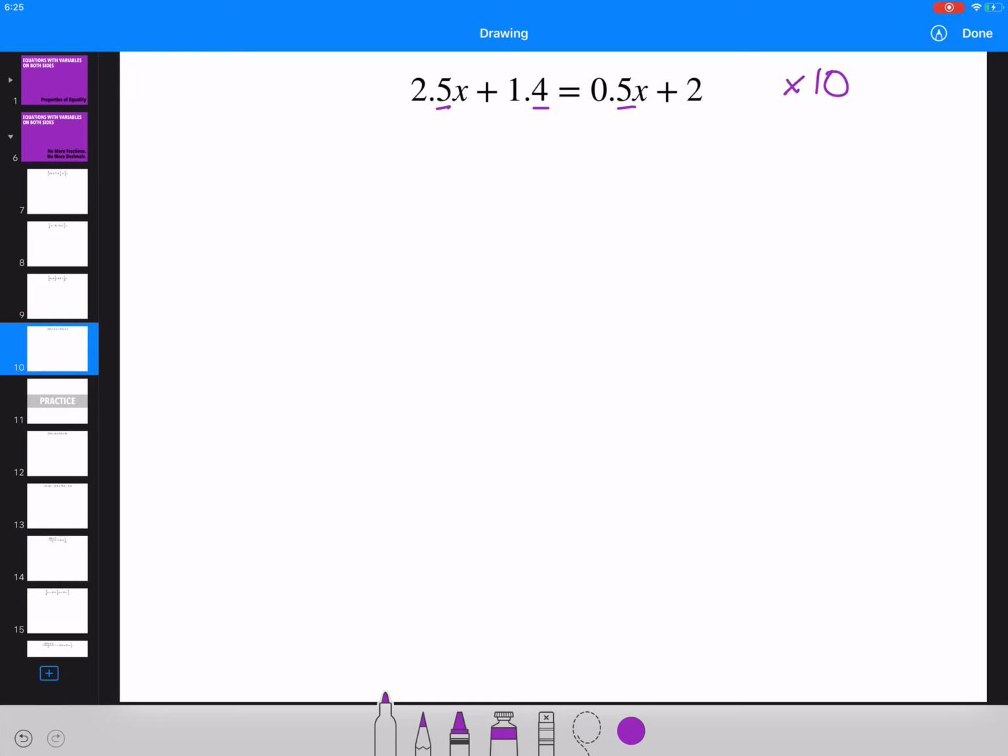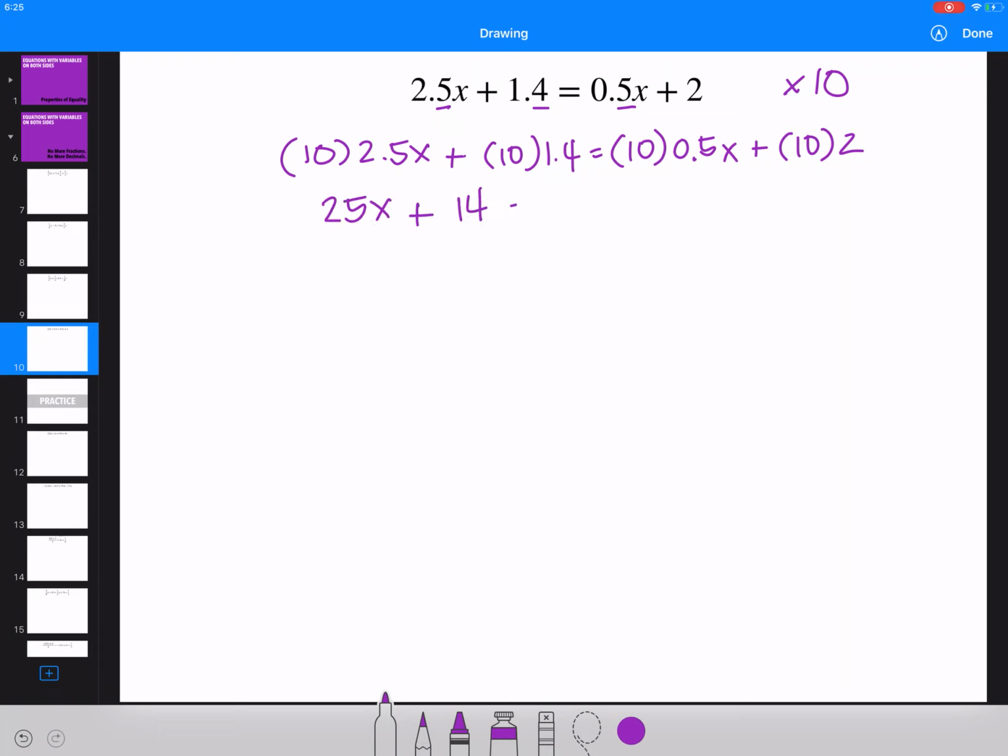So we have 10 times 2.5x plus 10 times 1.4 equals 10 times 0.5x plus 10 times 2. So that's going to be 25x plus 14 equals 5x plus 20.